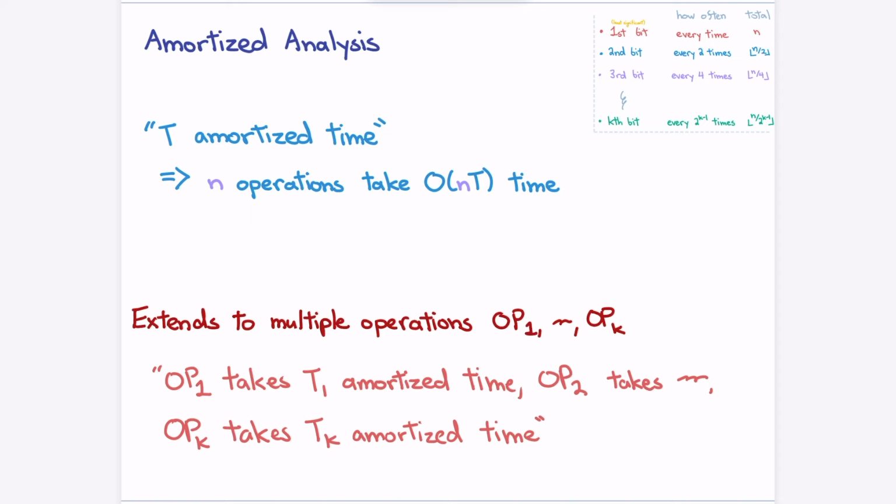So if it was operation 3 followed by operation 2, followed by operation 5, the total time should be at most T3 plus T2 plus T5. Okay, so that's amortized analysis.